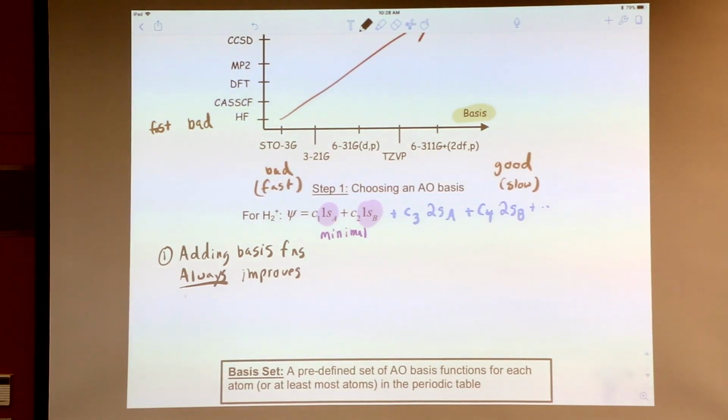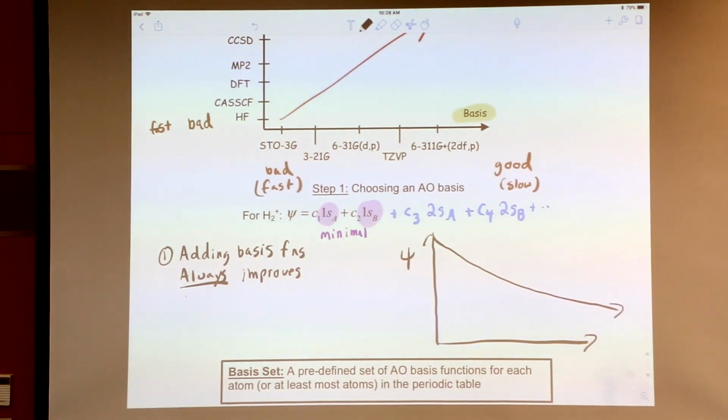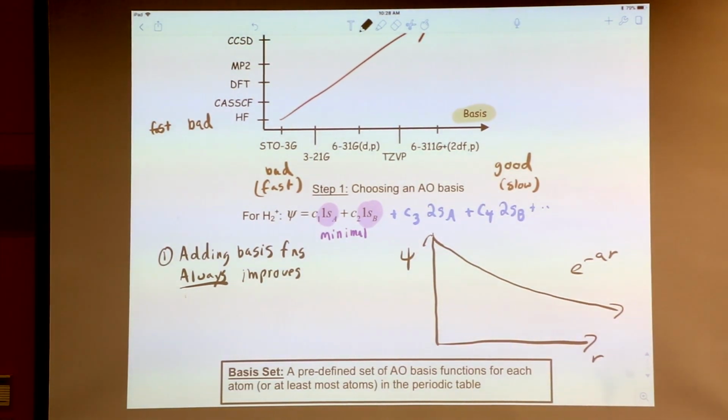So the bases we have will be much bigger because of this. But the other thing I want to note is that when I talk about these 1s functions, you probably all have in your head that you know what 1s functions look like. They look like e to the minus a times r. So they just look like exponential decay functions.